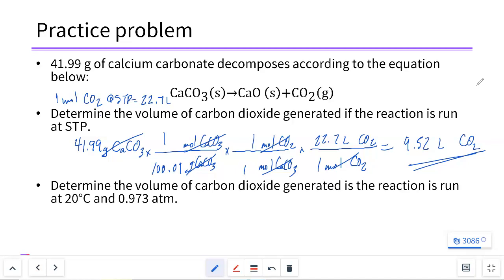But what if I'm not at STP? Well, if I'm not at STP, then I've got to do something a little bit different. So if I'm not at STP, I need to use the ideal gas law. Now, the first 2 steps are going to be the same. Because ultimately, I need to turn this grams of calcium carbonate into moles of carbon dioxide. So I'm going to do the exact same first step.